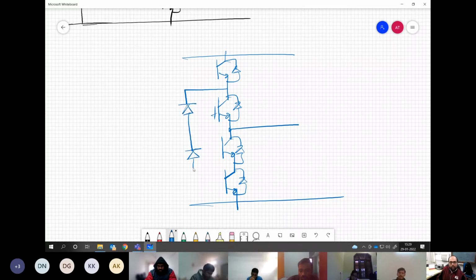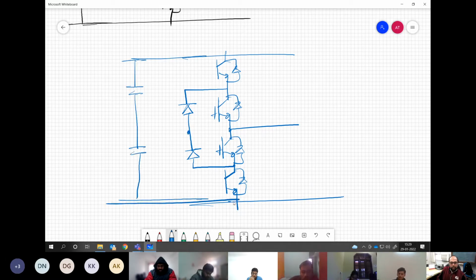Don't forget, we have only merged the IGBTs. Diodes are still there, and these diodes are basically connected to the midpoint of the capacitor.